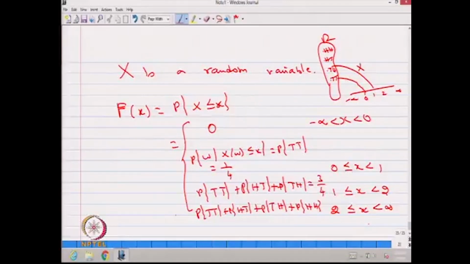So 1 by 4 plus 1 by 4 plus 1 by 4 plus 1 by 4, therefore this is going to be 1. So the CDF is 0 between minus infinity and 0. The CDF value is 1 by 4 between 0 and 1, and 3 by 4 between the interval 1 and 2, and 1 between the interval 2 and infinity.